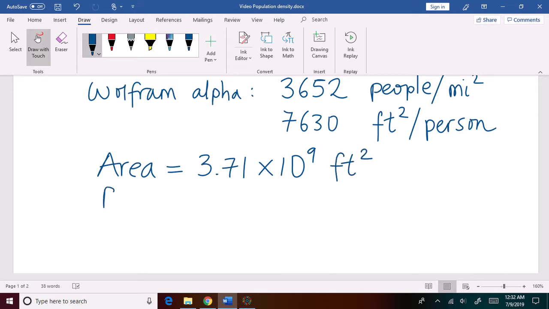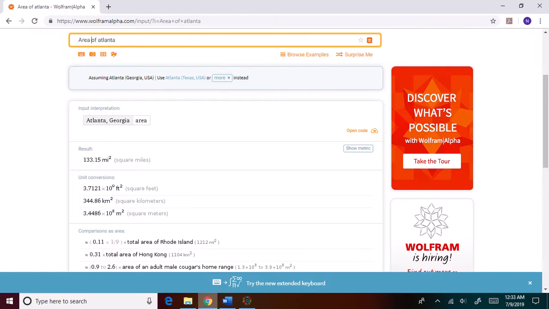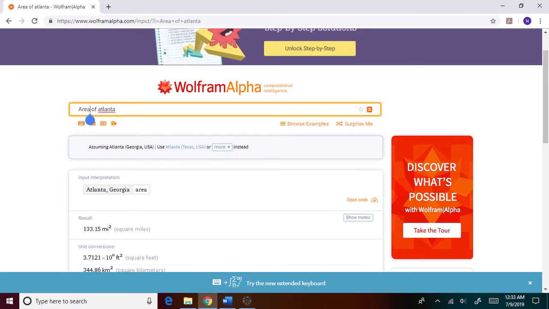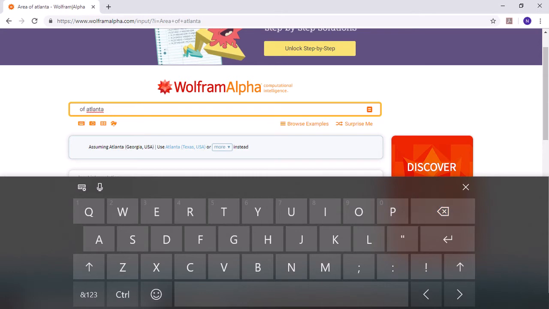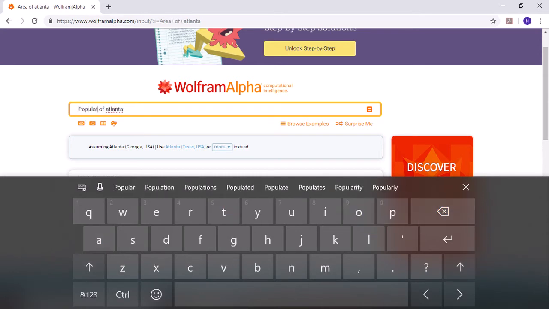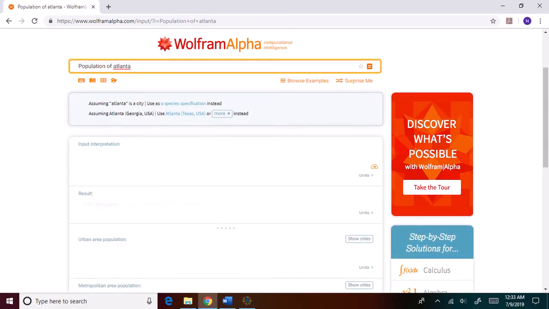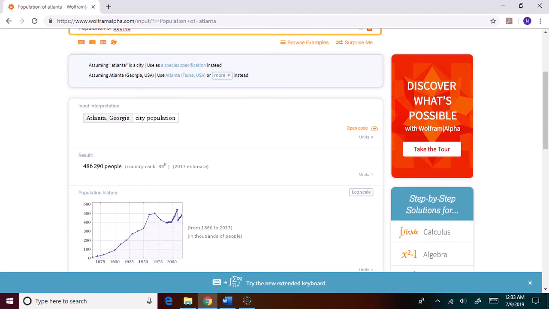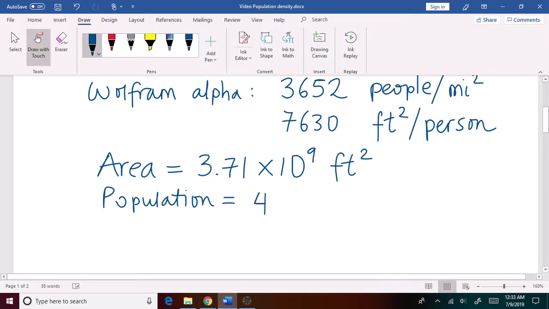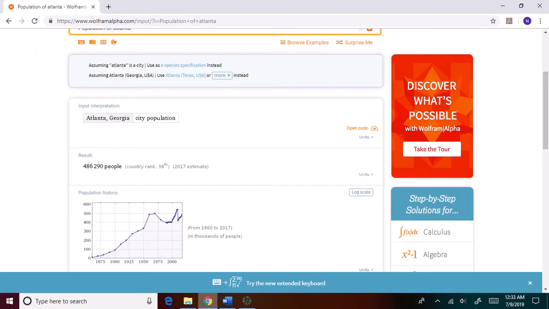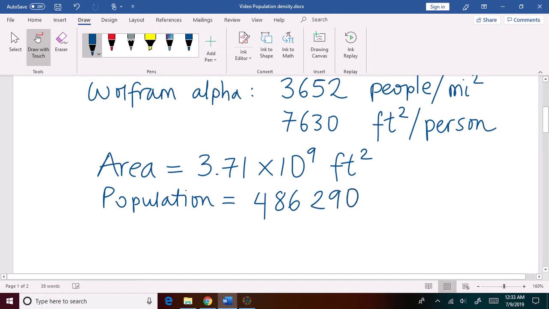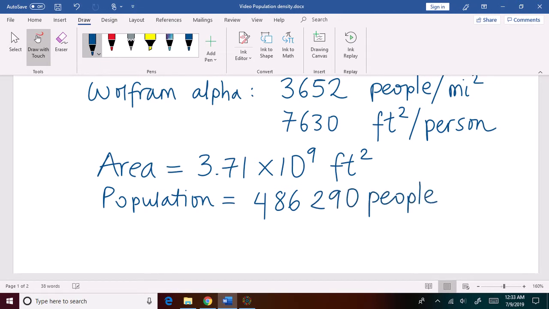Next we look at the population of Atlanta in the same way. So we got 486,920 people.